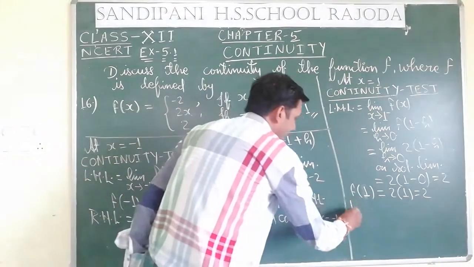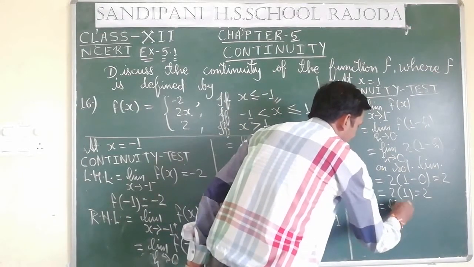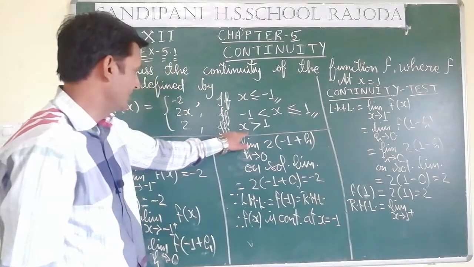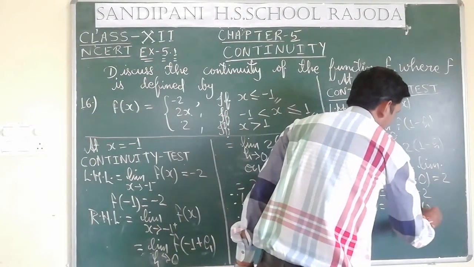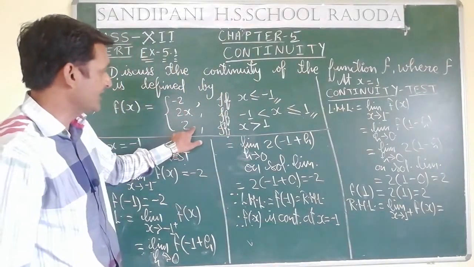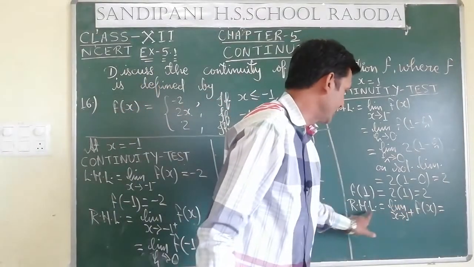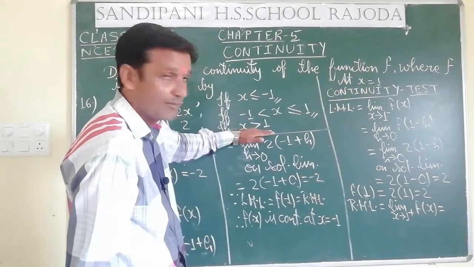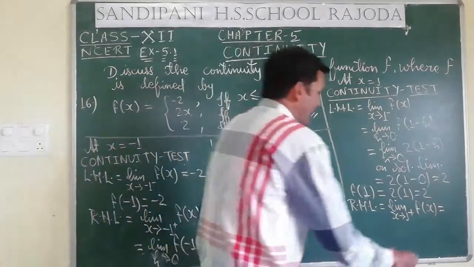Now RHL, see our RHL part, it is equal to limit x tends to 1 plus, for more than 1, this is only the part. So limit x tends to 1 plus f of x, that is directly equal to 2, because there is no x, means no variable, means no solution. Only this part we have to write. 1 plus means more than 1, so for greater than 1, it is directly 2.